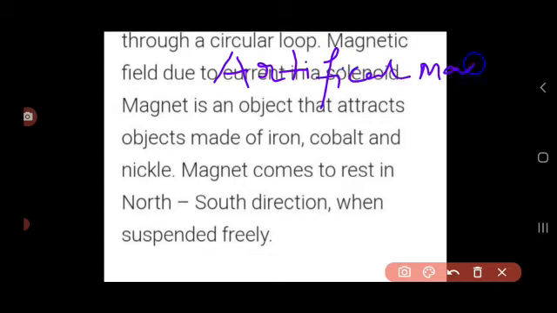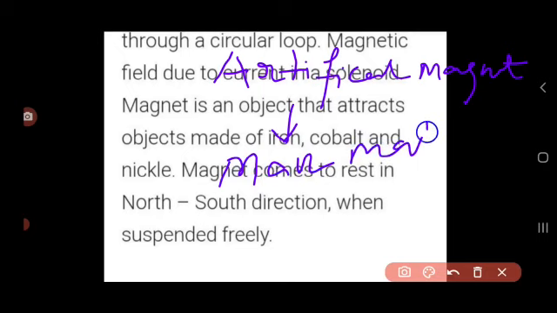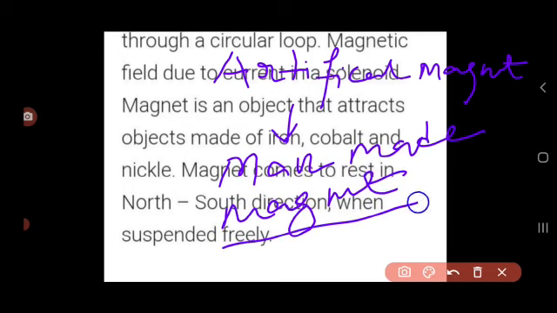Like bar magnet, horseshoe magnet, and electromagnet.